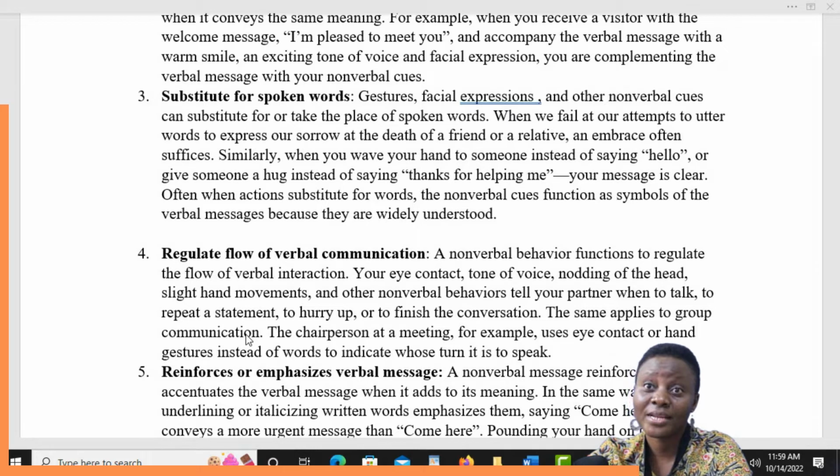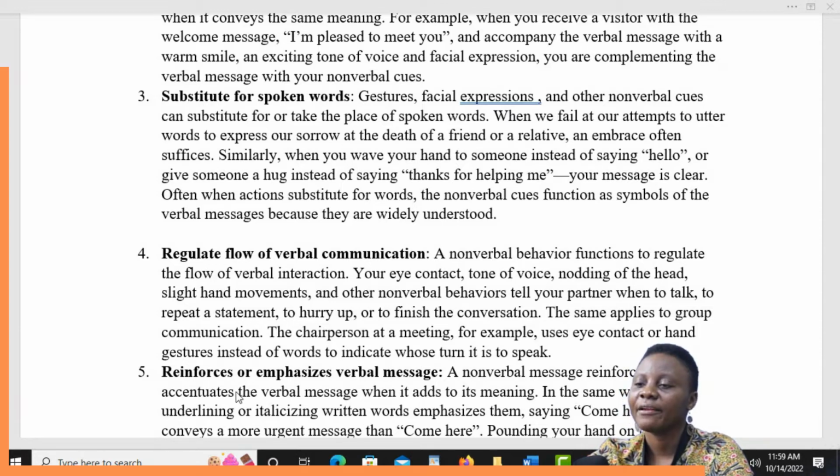You can point at that person with your finger, or give a facial expression like eye contact, or a nod, any gesture that will help them know that now indeed it's their turn. So instead of the chairperson having to speak all the time and shout names, they can use nonverbal communication to pass the turn.